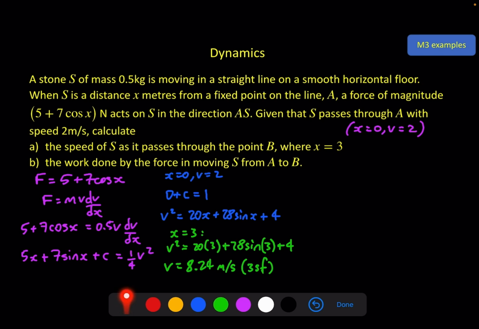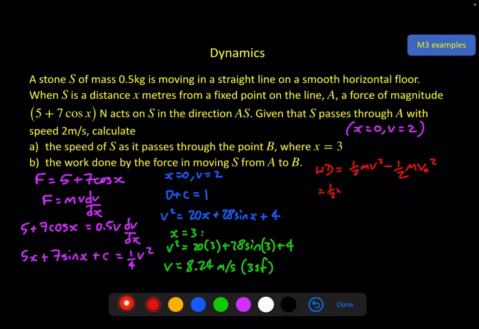Part B asks for the work done by the force in moving S from A to B. Now if you cast your mind back, I hope you remember that the work done is equal to the change in kinetic energy. We know the speed at the beginning is 2 meters per second, so we can work out the kinetic energy there. And we know the speed here at B is this, we can work out the kinetic energy here. So the work done is equal to a half mv squared minus a half m v naught squared, the speed at the beginning.